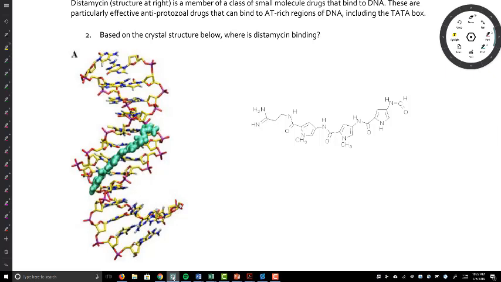The minor groove is the skinnier portion, the skinnier lower groove. The distamycin is the green, the minor groove is the smaller. Confused? Yeah. Okay, all right, we'll come back, okay.